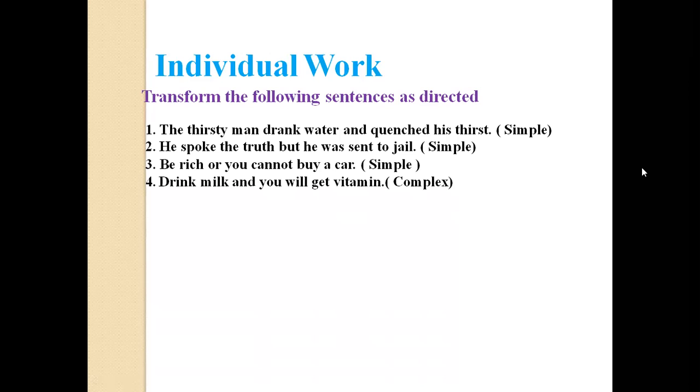Drink milk and you will get vitamin. Change it complex. Number 5. You work hard but failed. Turn it complex. Please take your pen and paper, write down the answers in your exercise book and match with me.